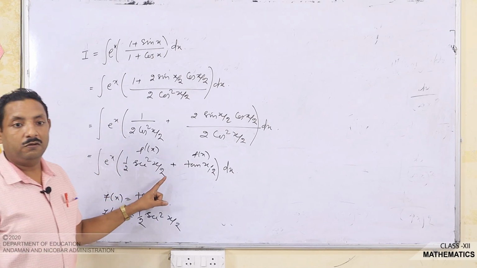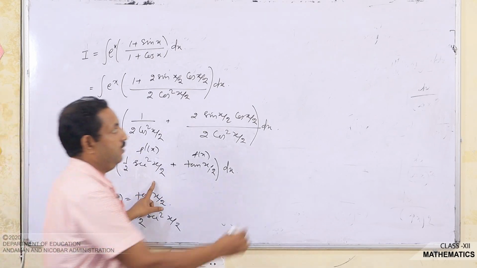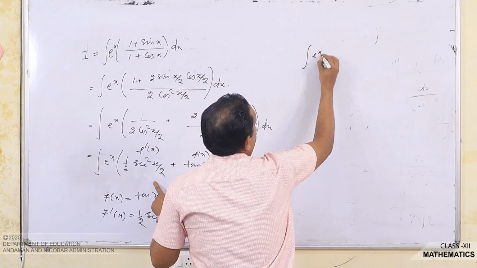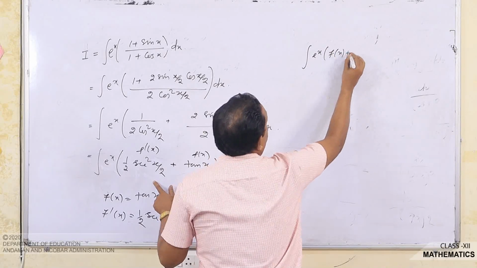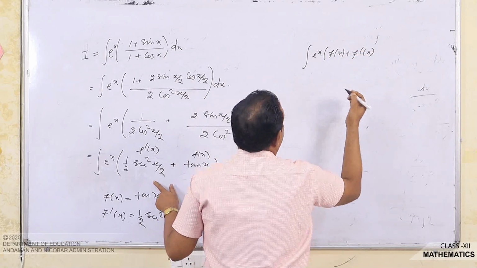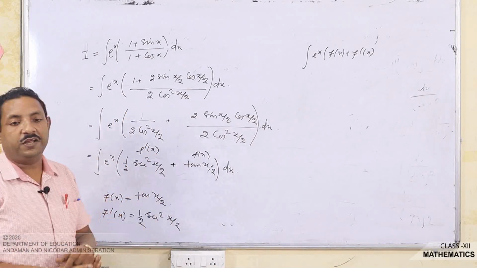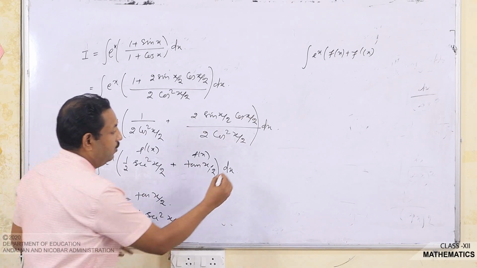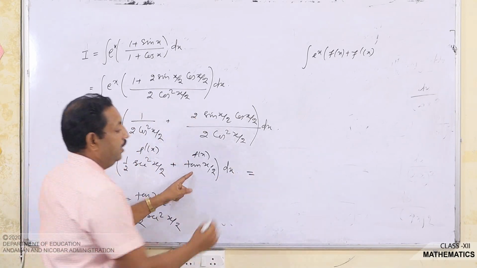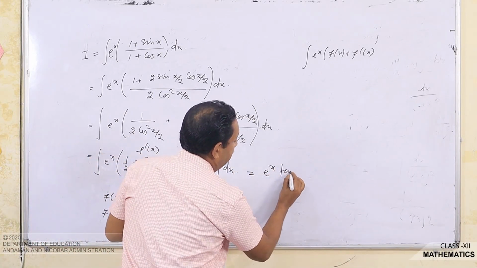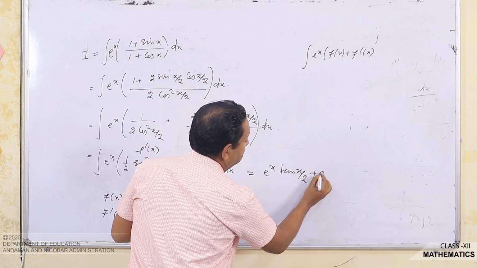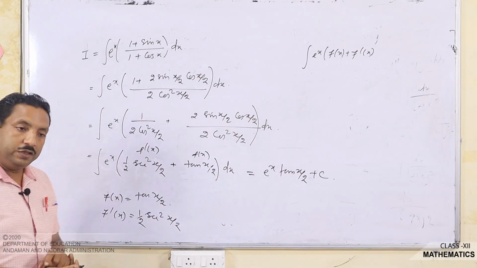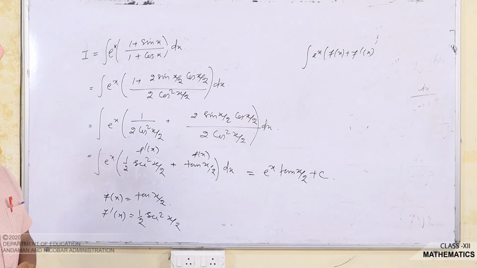That looks like our special form, integration of e power x into f of x plus f dash of x. So you need not perform integration over this, you can write the direct answer, and that answer will be e power x tan x by 2 plus c. This way you can perform the integration of this special form.